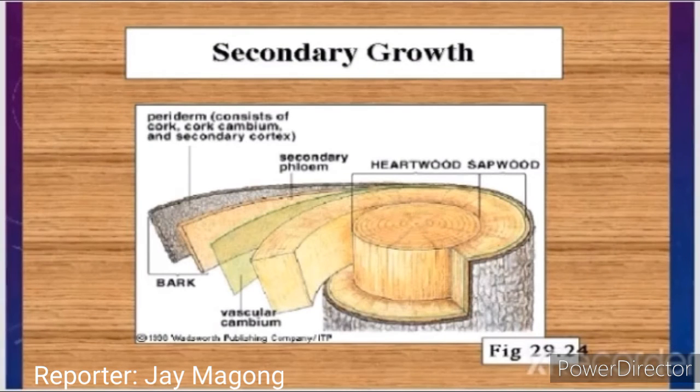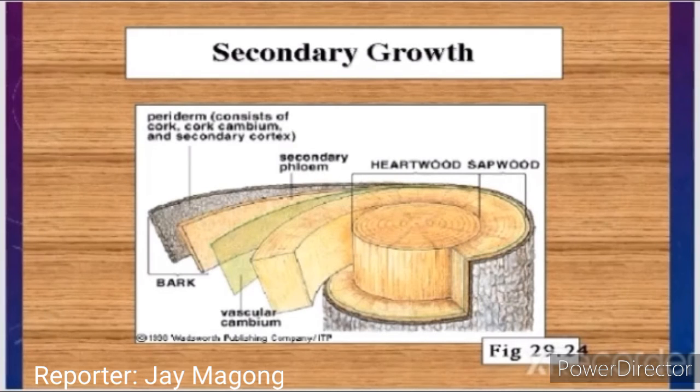Secondary growth. A new layer of xylem and phloem is added each year during the growing season. The interior xylem layers eventually die and fill with resin, functioning only in structural support. The interior, non-functional xylem is called heartwood.